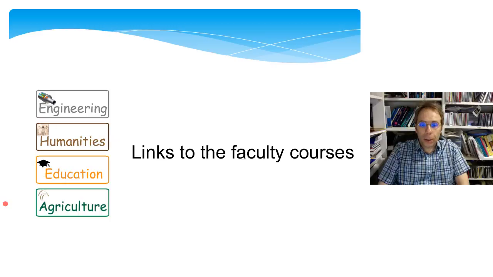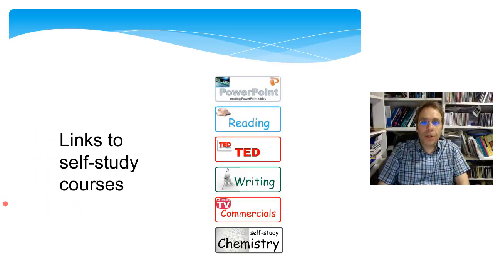Okay. Now, there's also self-study courses, as we saw on the previous page. There's a variety of different courses that the students can access and study on their own, or teachers can use these courses as well as part of their own syllabus and augment their own course material using these courses.